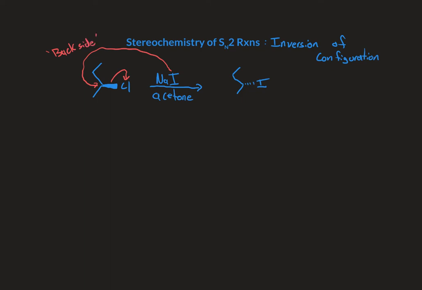So if we look at the transition state, this alkyl chloride we can redraw with the Cl there. That hydrogen is going to be going back into the page there. This methyl group is going down, and the ethyl group is going up. The iodine has to come from this side.